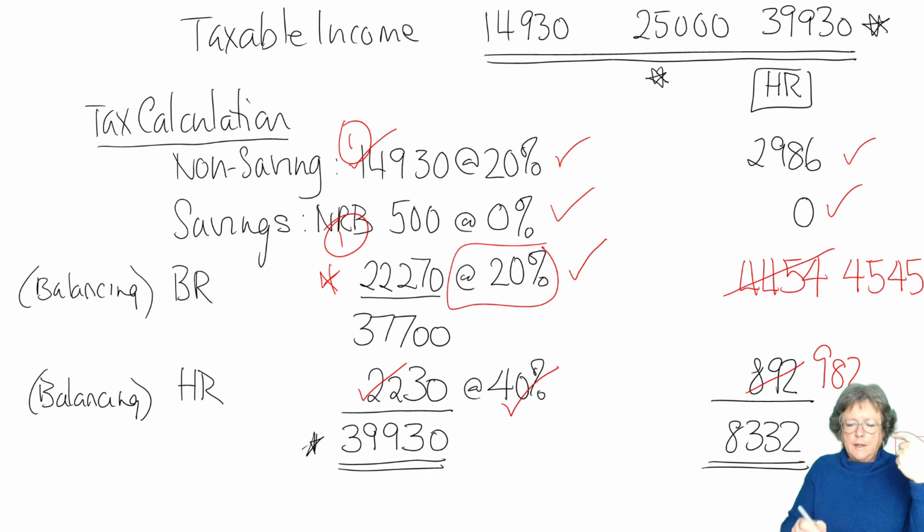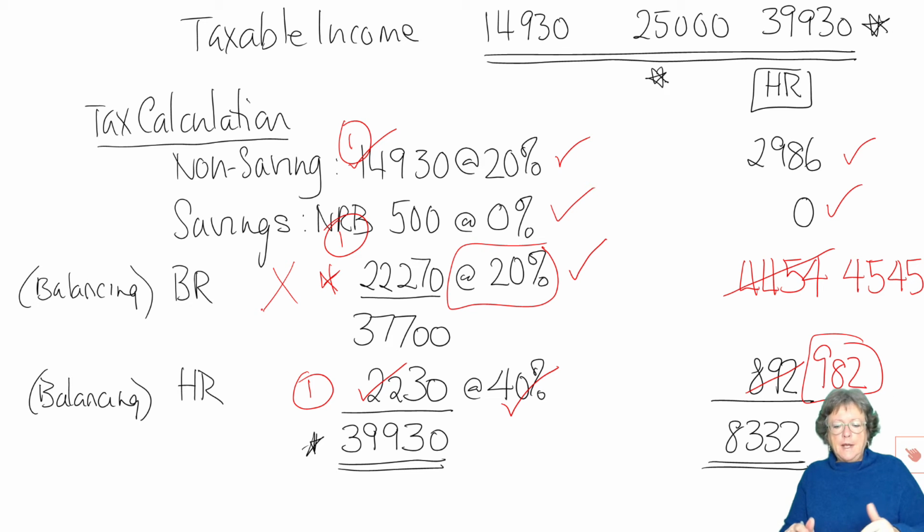1 for that because you've done it correctly with the rule. Now, this here, you'll get 1 mark for that because all you've done is made an error. This one you wouldn't get any marks for, obviously. However, if you added up 2986, 4545 and 982 and came up with whatever the answer is and just stuck the answer down without any calculations shown on your exam paper, you won't get any marks at all, because the examiner and the marker don't know what you've done.